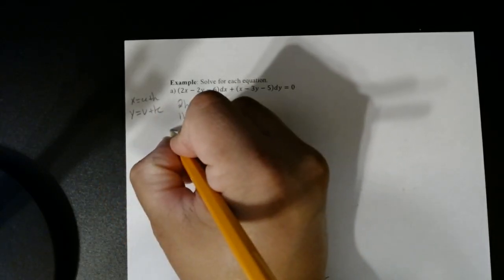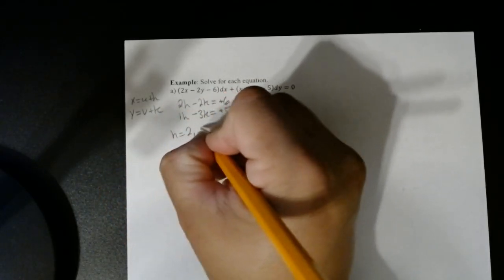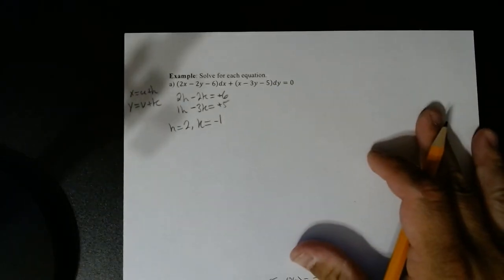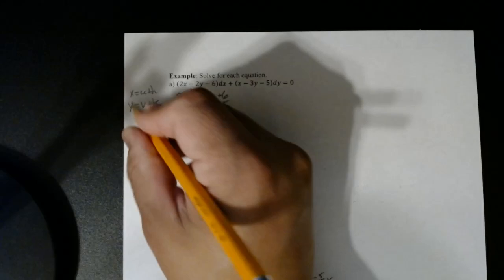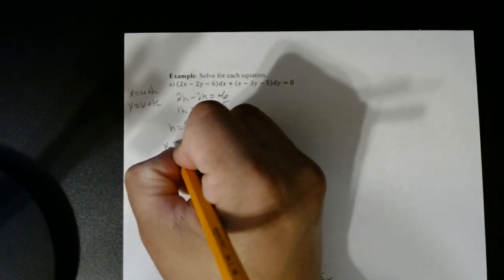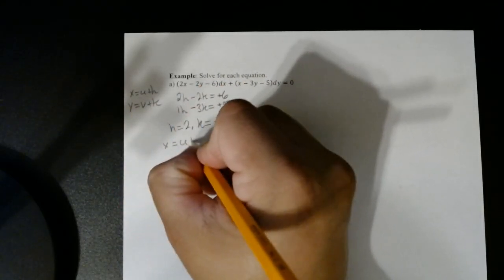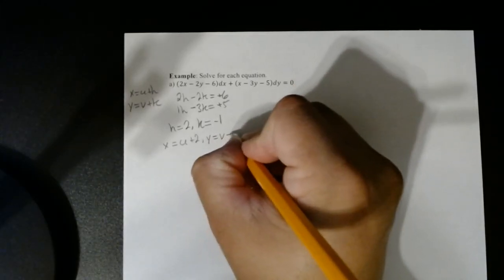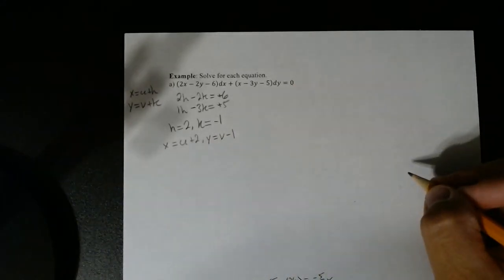But in the end, you get h is 2 and k is -1. Right. Okay, so what does this mean? So this is going back over here saying that x is equal to u plus 2 and y is equal to v minus 1. That's what that represents now.